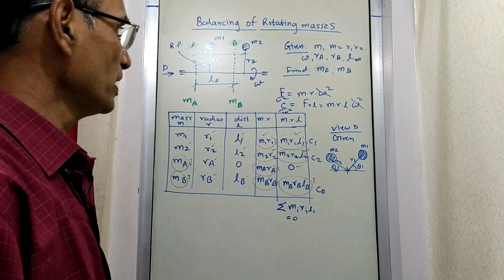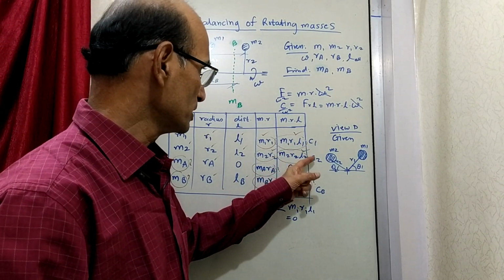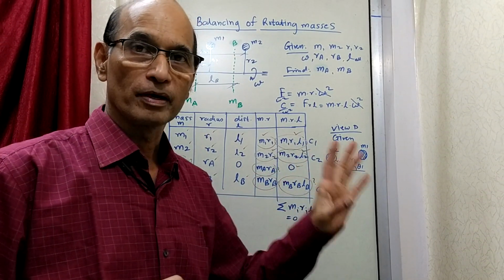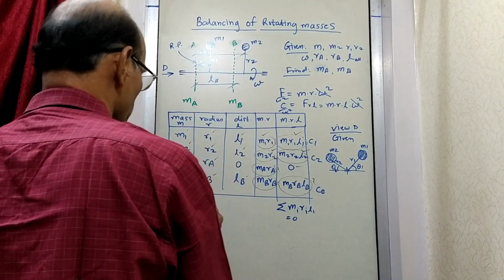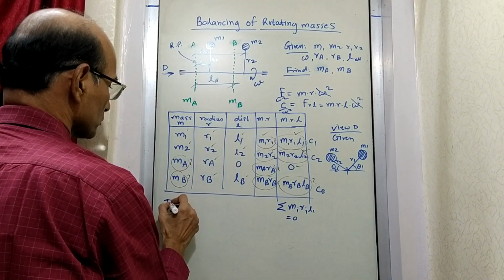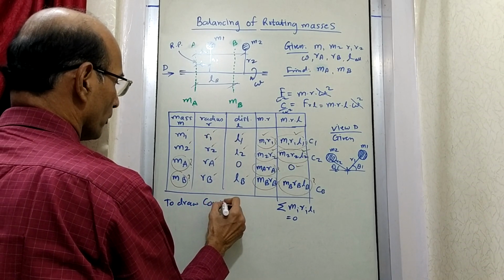Now we are going to say that C1 and C2 and CB should form a closed polygon. So first we draw the couple polygon.